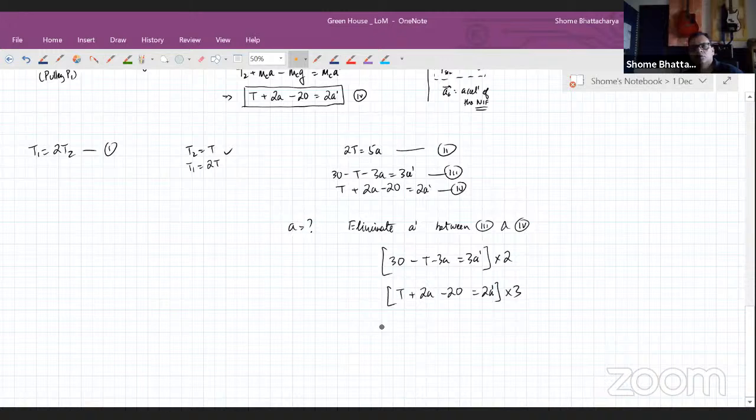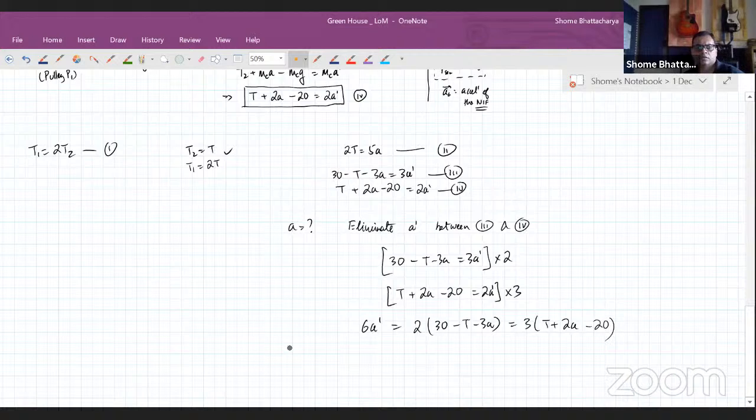So the left hand side of both the equations is the same. So 6A prime on both sides will become 2 times (30 minus T minus 3A), which equals 3 times (T plus 2A minus 20). Correct. So this will give us another equation.